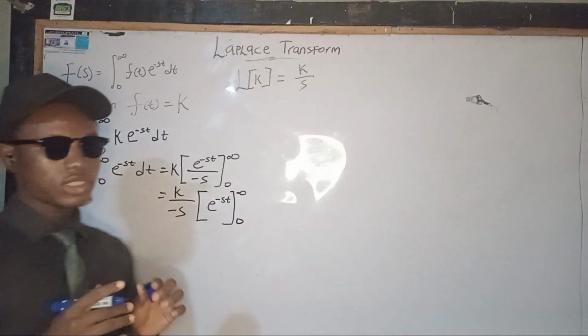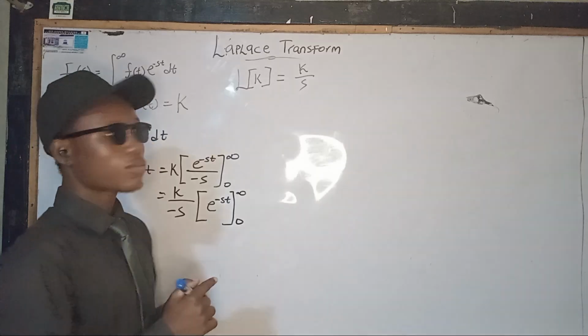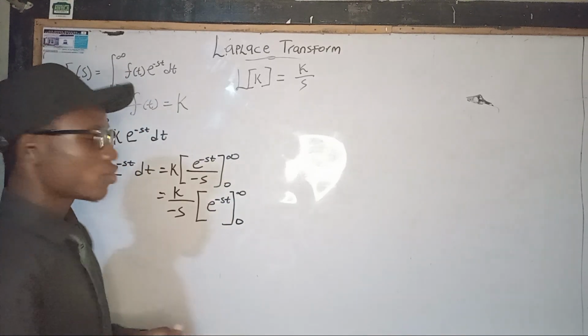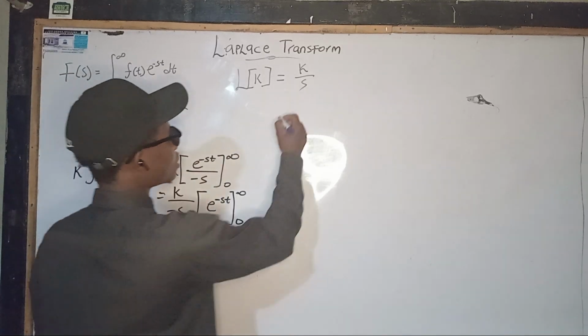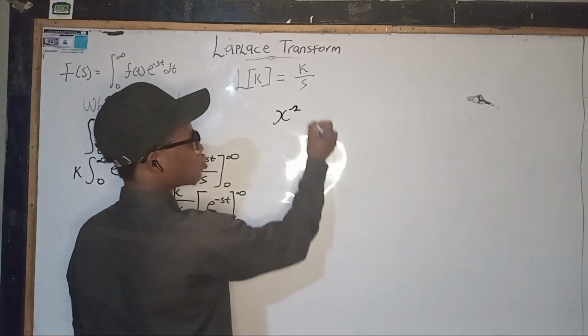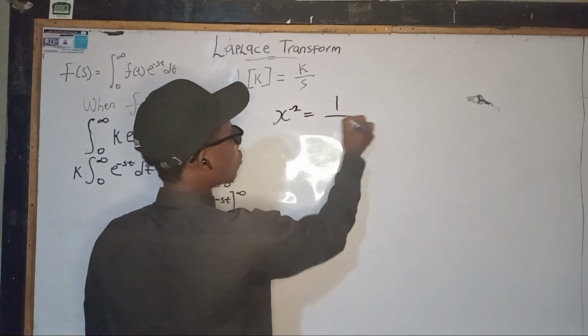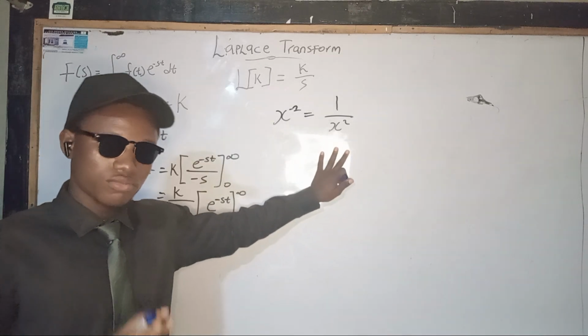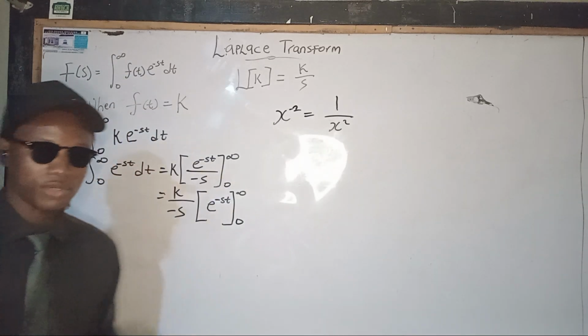So we have to do some quick maths, a little bit to remind us of some things. First of all, we all know that x raised to power minus 2 is the same thing as 1 over x squared, from basic mathematics principles.